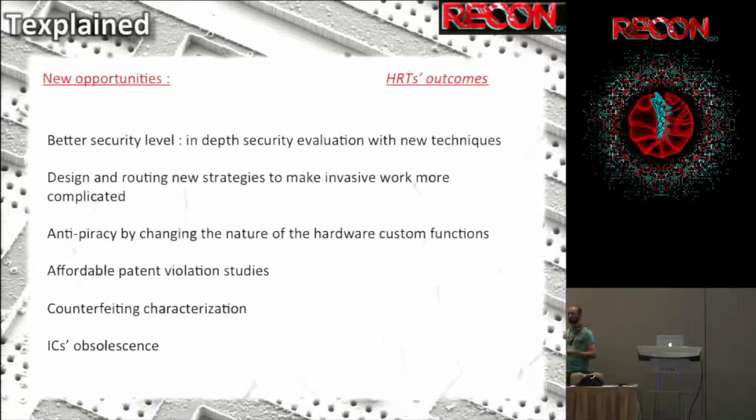Let's imagine there's one chip that disappeared, with no datasheet, nothing, but it's used in a critical environment and you want to find a solution. Why not take it, use techniques to emulate it, get the netlist of it, and replace it with something, an FPGA, or I don't know. There are things you can do at this stage.